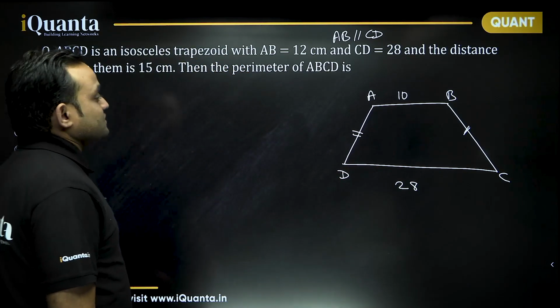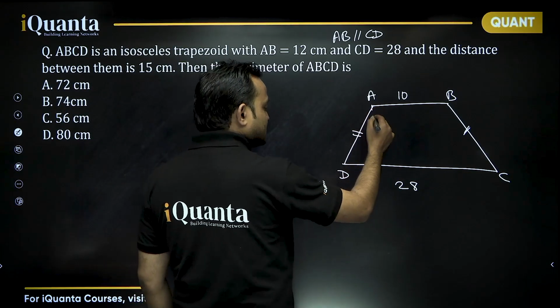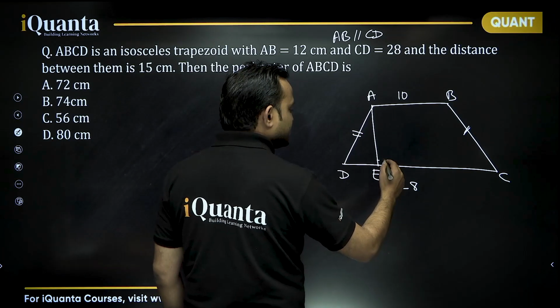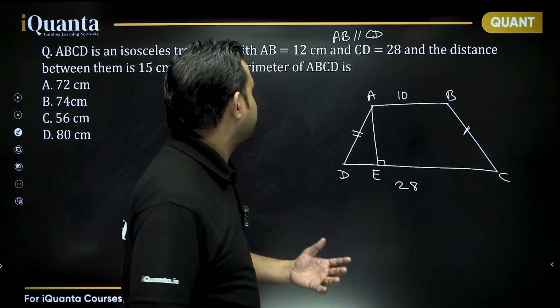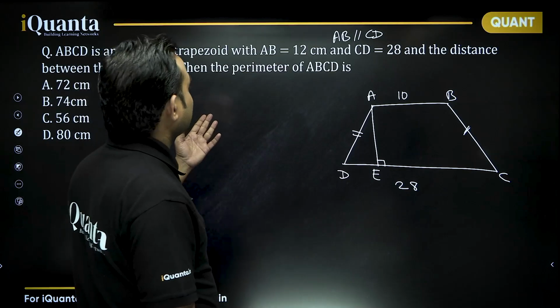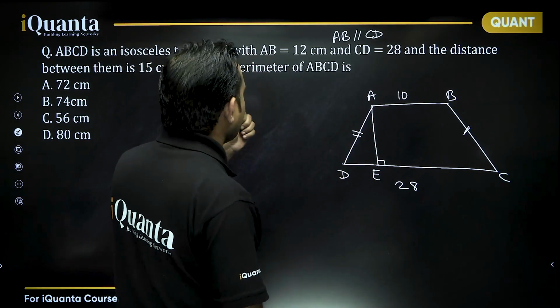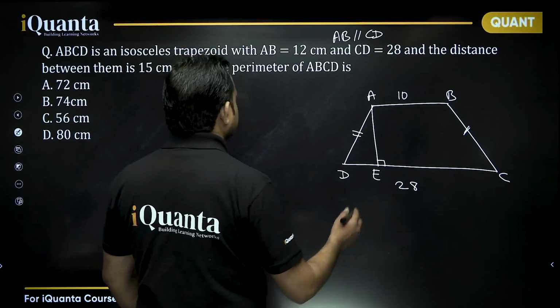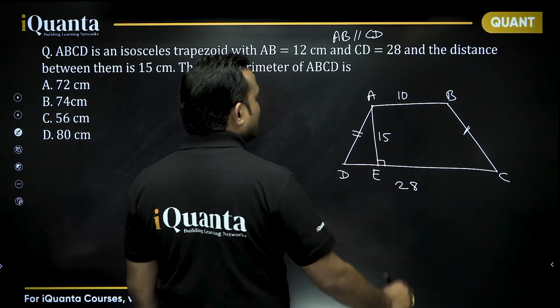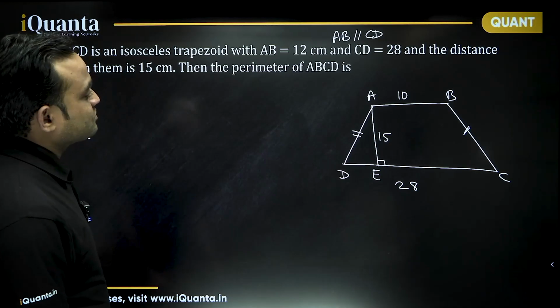The distance between them is 15 centimeter. This distance between two parallel sides is nothing but the perpendicular length. So this distance is given, which is 15. We need to find the perimeter.